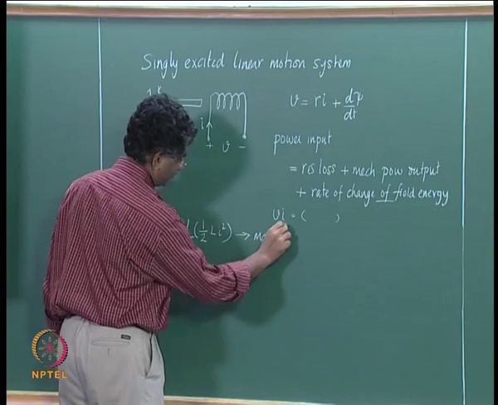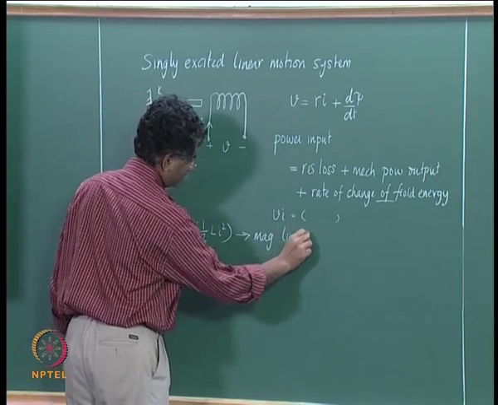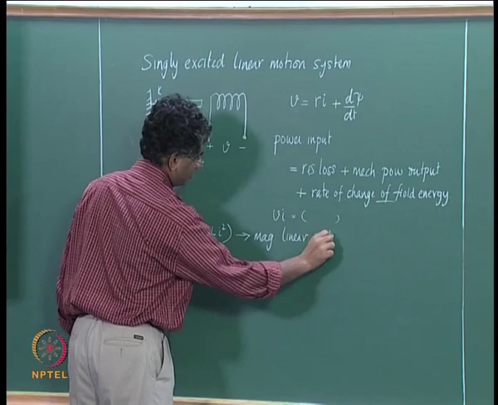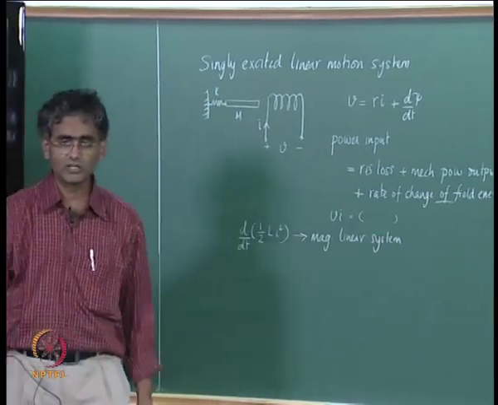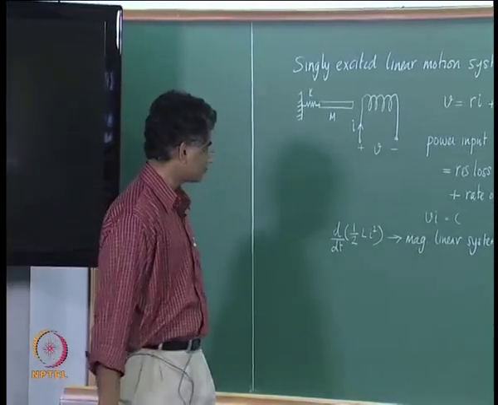This is valid for a magnetically linear system, which means systems where the BH curve is a simple slope.